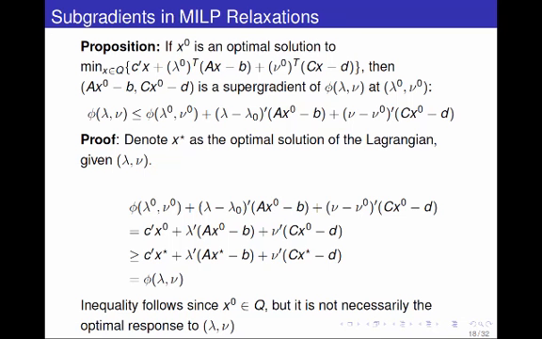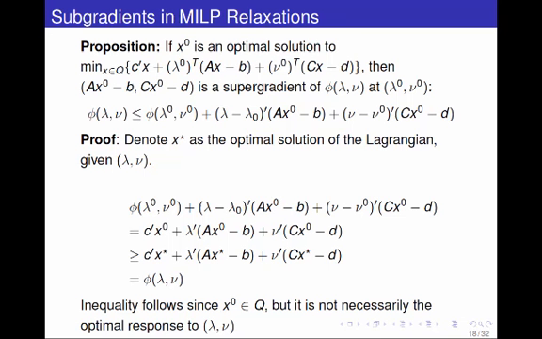If I'm at lambda 0 nu 0 and I move away from lambda 0 nu 0 to a new lambda nu, but according to a supergradient direction, then this is an overestimator of the value of the dual function at the new point lambda nu. Well, what is the supergradient direction that I'm claiming is the proper one here? It's Ax0 minus b, Cx0 minus d.